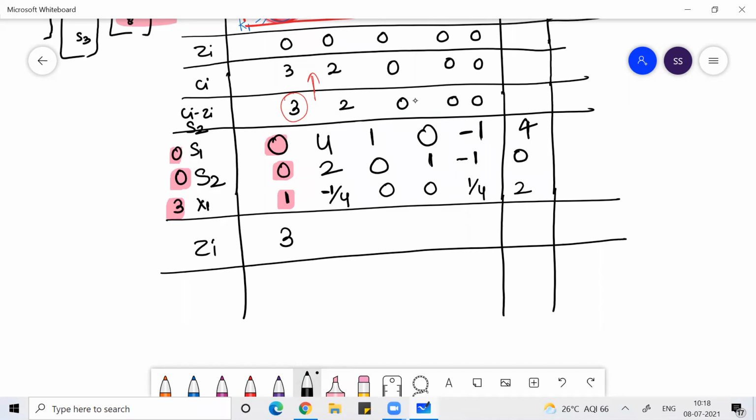Next one is 0 into 4 plus 0 into 2 plus 3 into minus 1 by 4. So you'll get minus 3 by 4. Then 0 into 1 plus 0 into 0 plus 3 into 0. This is 0. Then this will be 0. And this will be 3 by 4. This will be equal to 6.